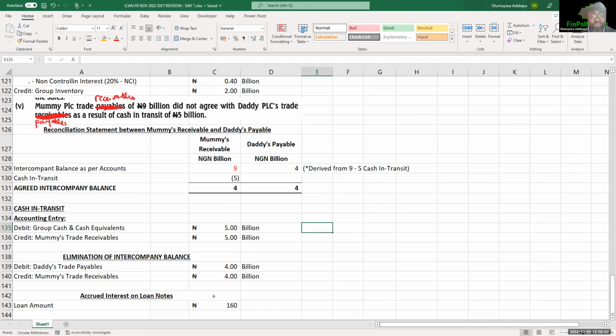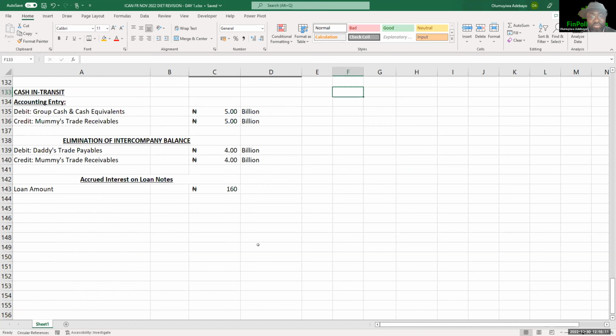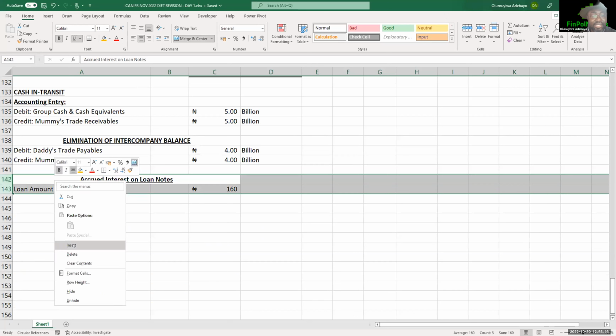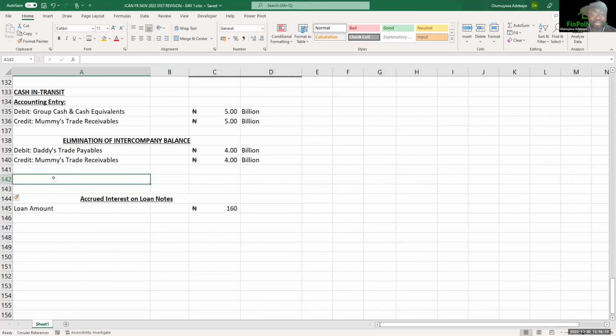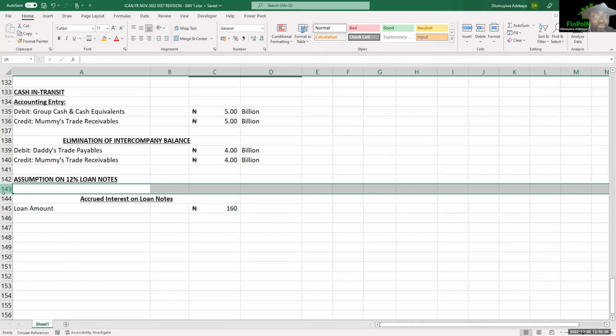Now, if you assume that the interest has been accrued for or paid for, therefore there won't be any adjustments. But in this case, let me state it clearly, the assumption on 12% loan notes. There are two scenarios which I'll state here.